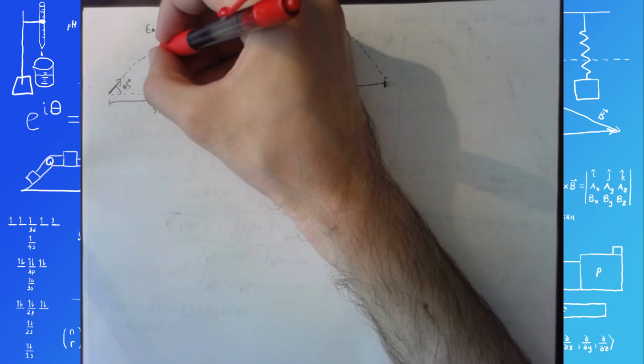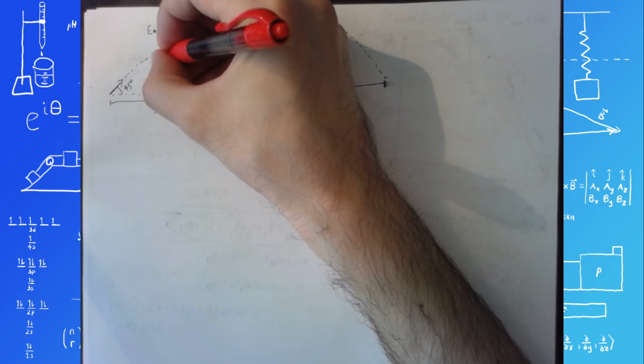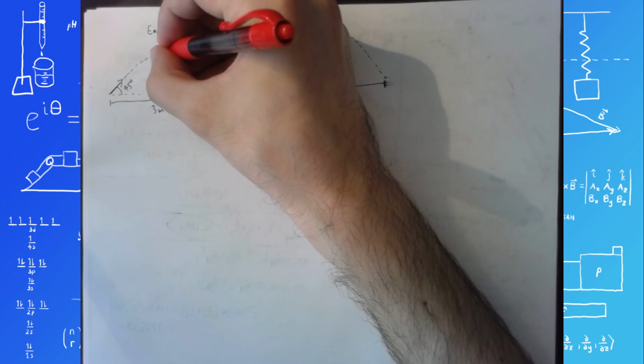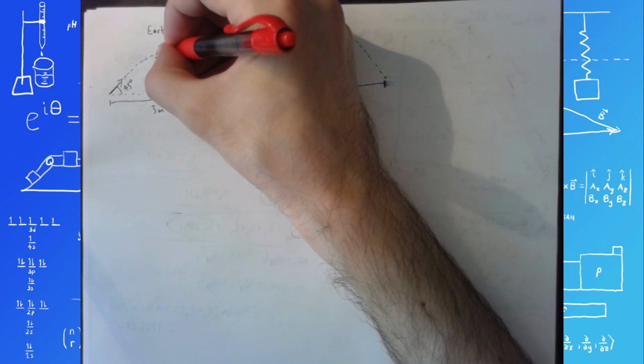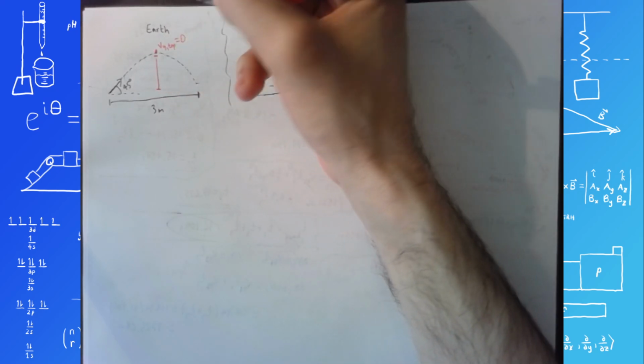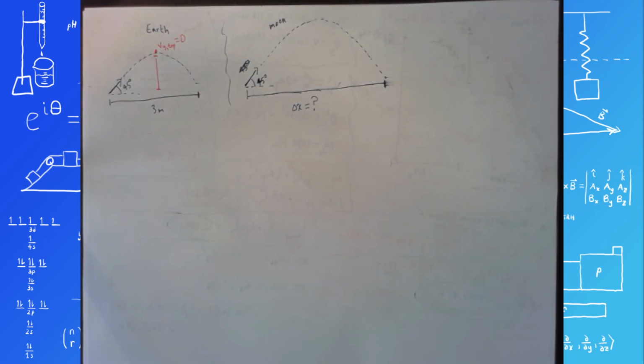For the Earth scenario, I know that over here, Vy top, or Vy apex, or whatever you want to call it, is equal to 0. So we can actually use that to figure out what the initial velocity even is.